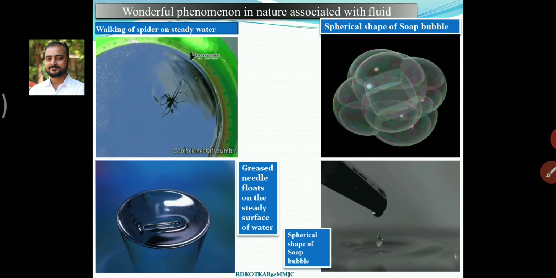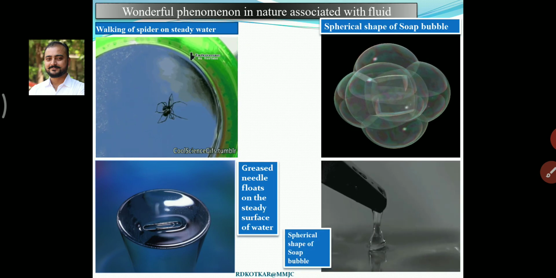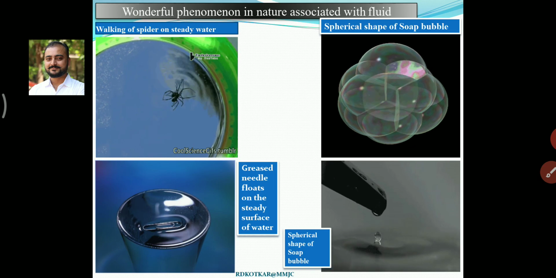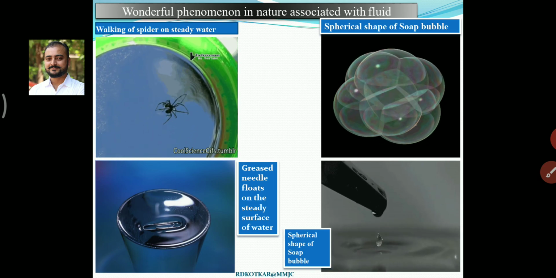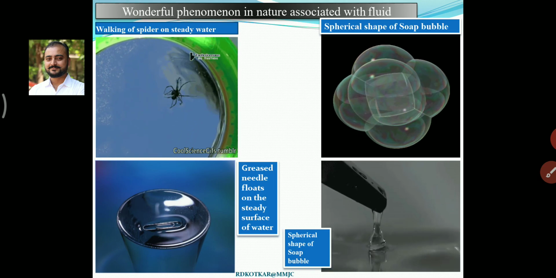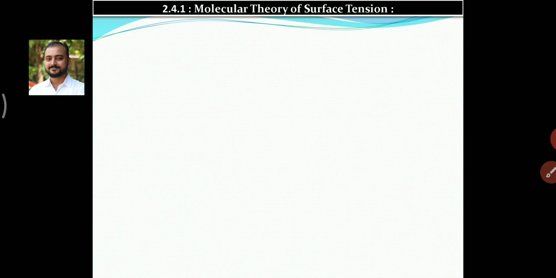Again, you will find a spherical shape of the bubble, or you may call it the spherical shape of a liquid drop also. So all these phenomena are related to surface tension. So we have to study surface tension in this lecture.